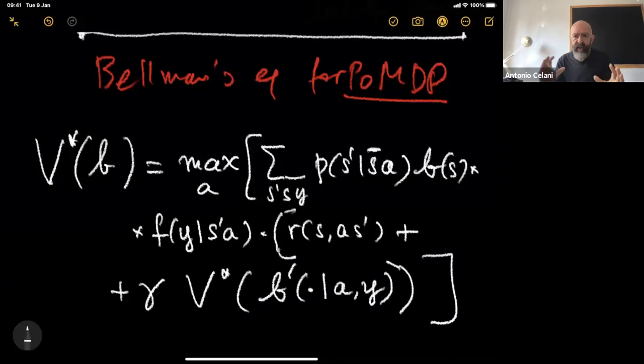You see the structure is basically the same, with the only difference that now we have beliefs over which to average and observations over which transitions depend. But otherwise, the structure is the same. The best thing I can do is the maximum between what I do and the next step, the instantaneous reward, plus gamma, what I will do from that belief onwards.